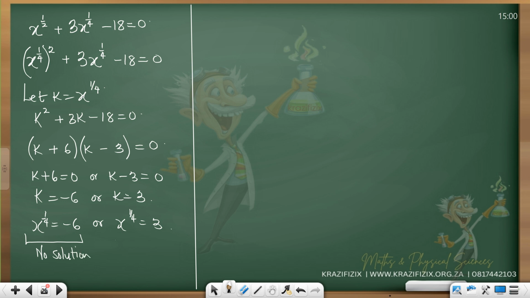What will this be? I'll have to flip the numbers, multiply by the reciprocal. But whatever I do on the left, I'll have to do on the right. I multiply the powers here by 4. I'll also multiply by 4. 81.